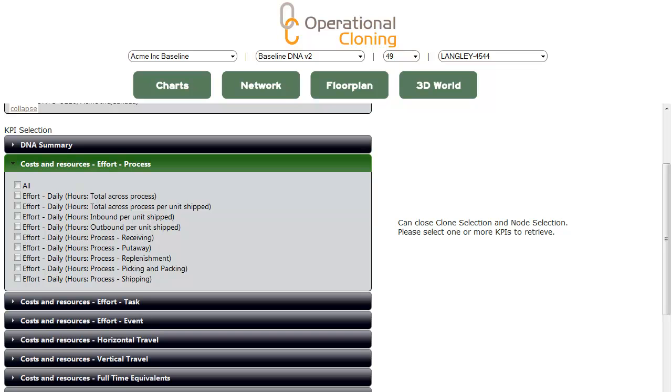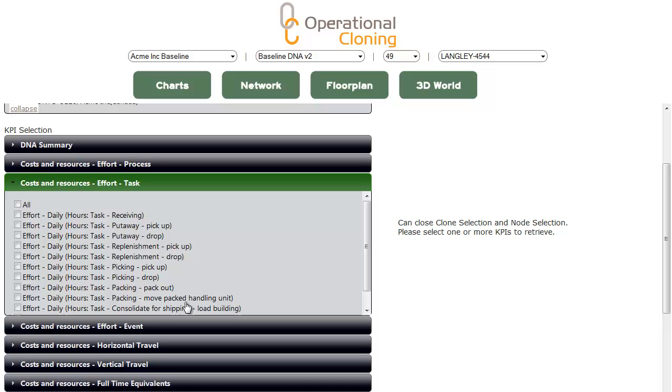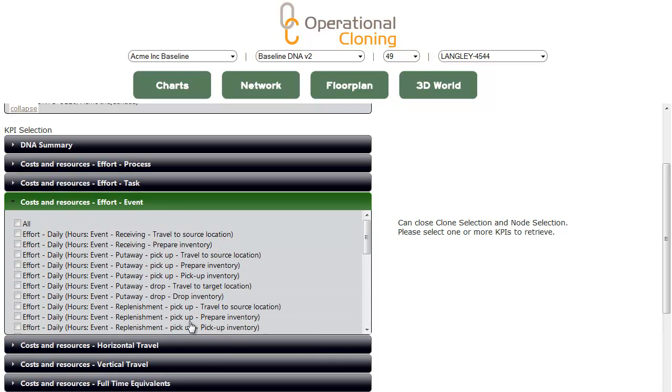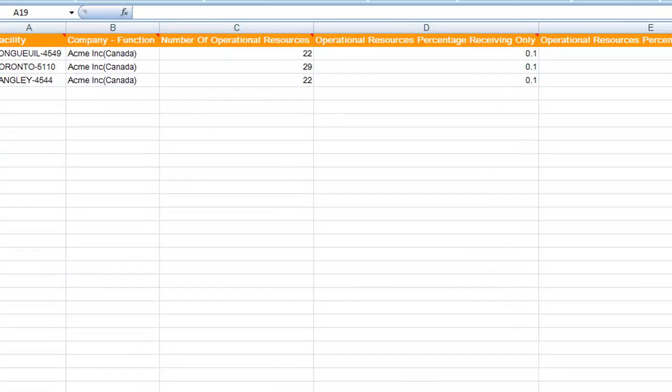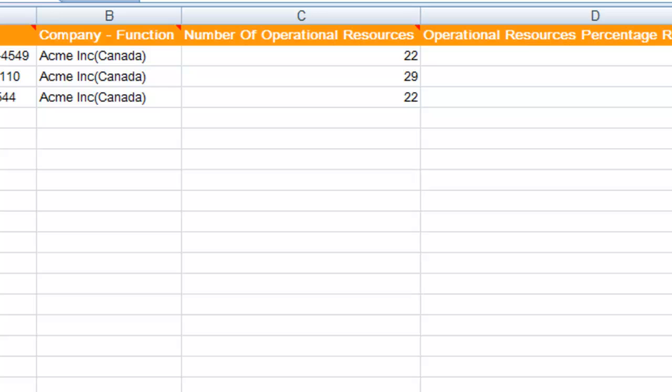OC requires operational resources to be able to perform the tasks it generates during the clone run. The work performed by operational resources is summarized across process, task, and event. The number of operational resources represents the discrete resources in the facility available to do work.